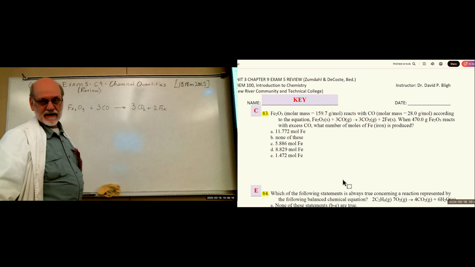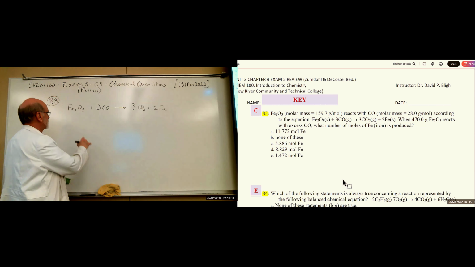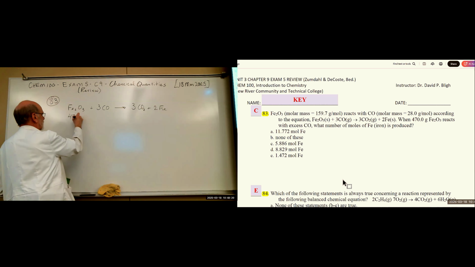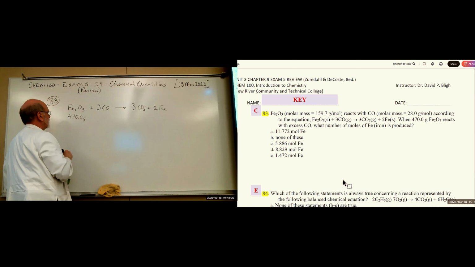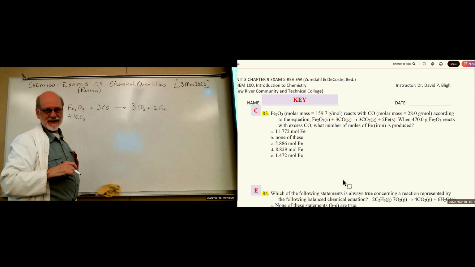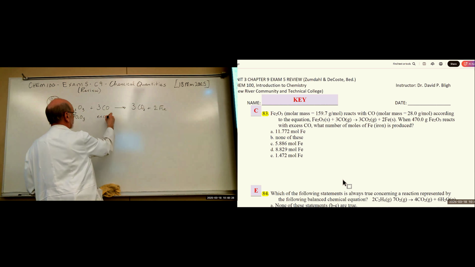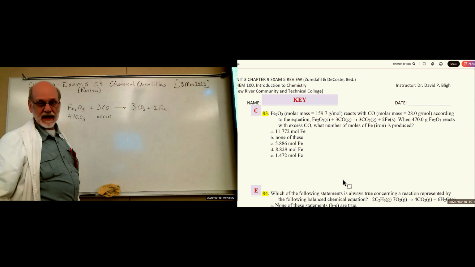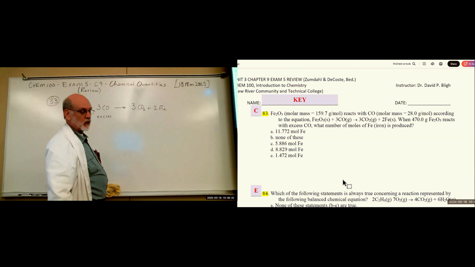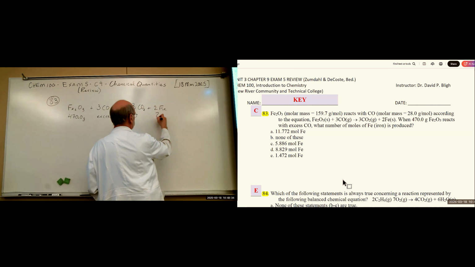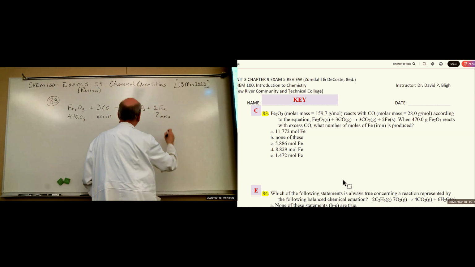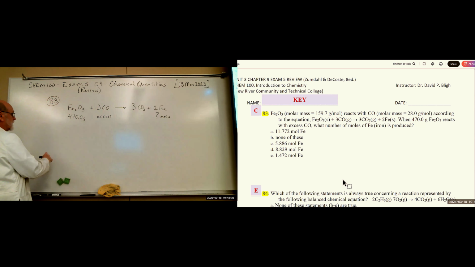Okay. 470 grams Fe2O3 and excess carbon monoxide. And the question is number of moles of iron produced. So what we need is molar mass of Fe2O3.